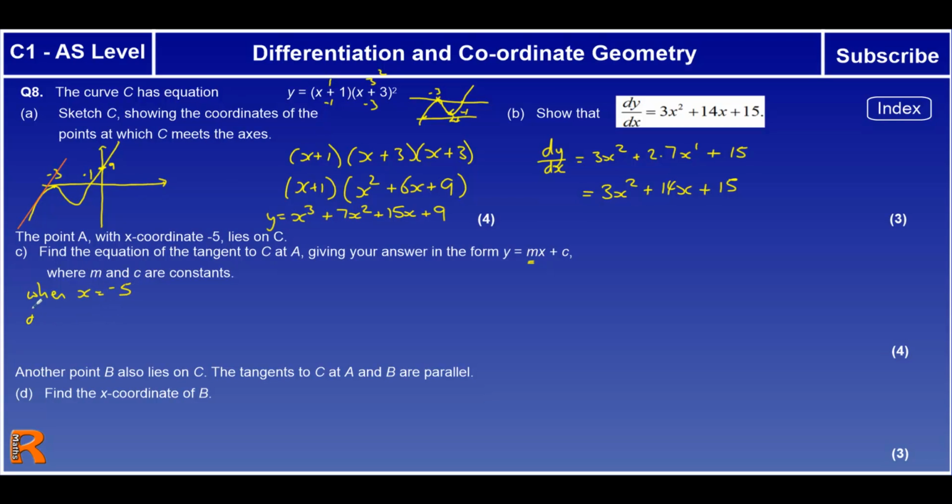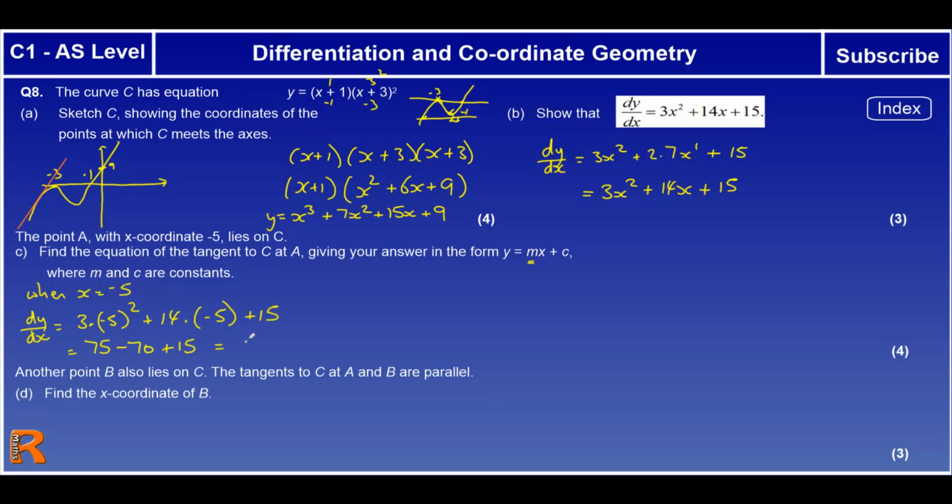So when x is -5, dy by dx, the gradient of the curve, is going to be 3 times -5 squared, that's the first bit, plus 14 times -5, that's the second bit, plus 15. 3 lots of -5 squared is 25, minus cancels, so we've got 3 lots of 25, which is 75. 14 lots of -5 is -70, and we're going to add 15.